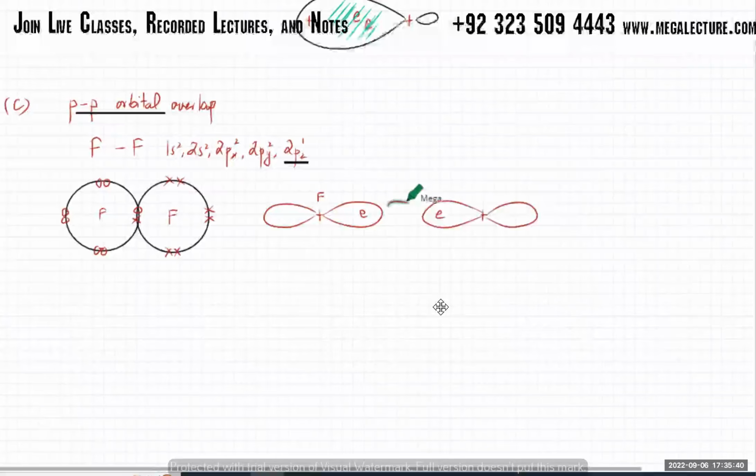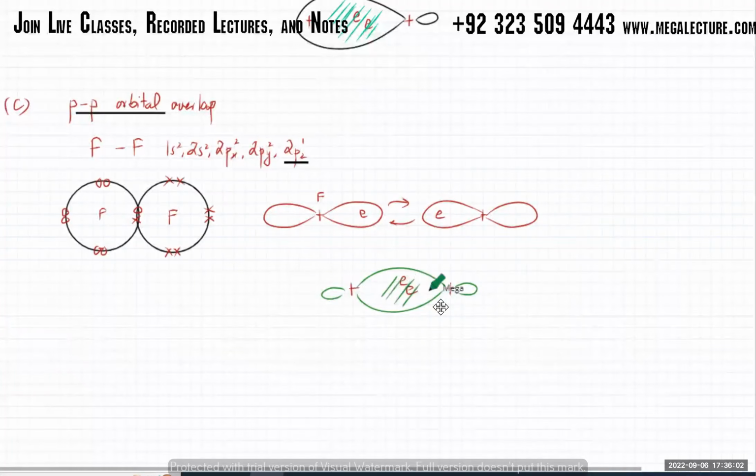And both will be pulling each other's electrons, and the end result is that the two nuclei, the electrons will be stuck in the middle part, and this is how it's going to look. Here the maximum electron density will be in the middle, the probability of the electron being on the other side will decrease, and that's what a p and p overlap looks like, and that's your sigma bond. Okay, is this part clear?